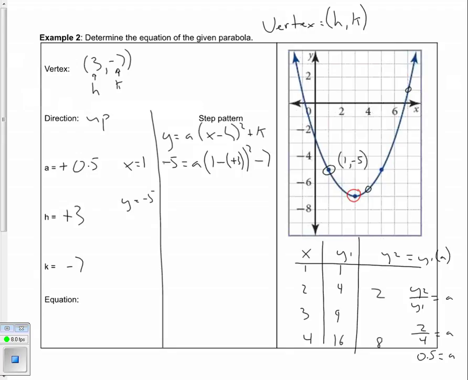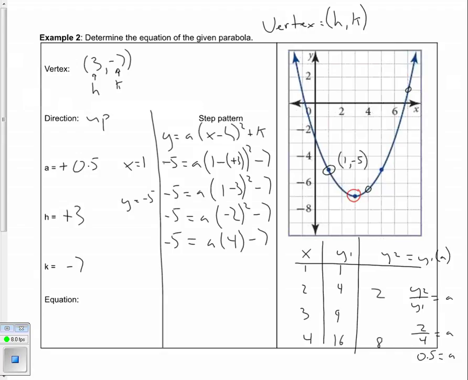Okay, so now we just go through and we solve. So -5 is equal to a times 1 minus 3 squared minus 7. So -5 is equal to a times minus 2 squared minus 7. So -5 is equal to a times 4 because negative 2 squared is 4 minus 7.